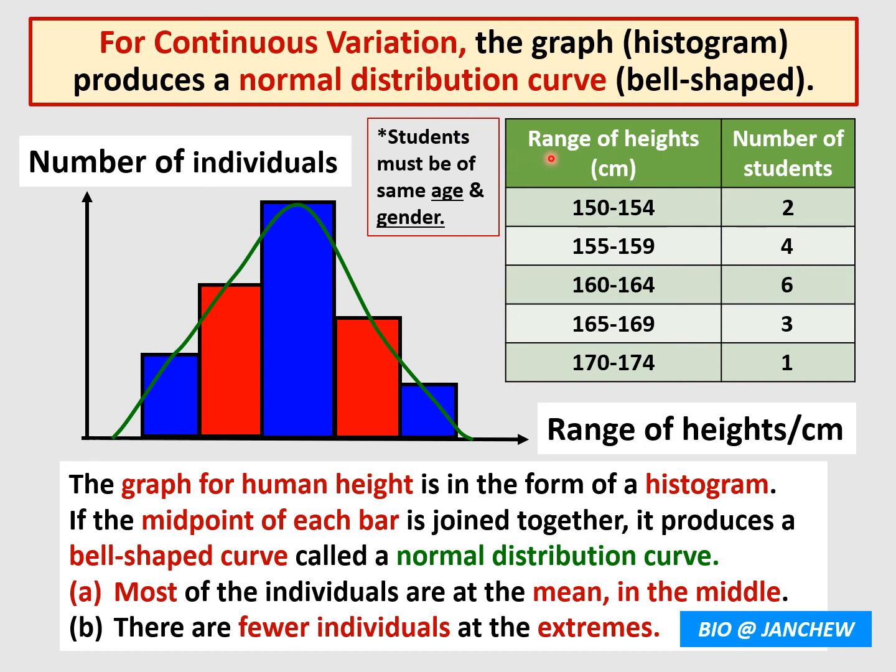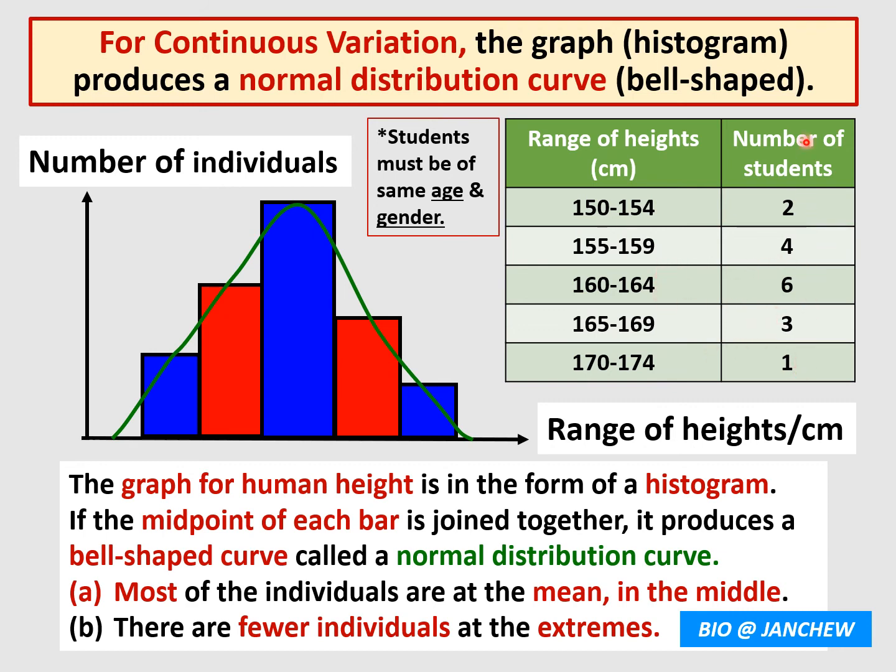First, let's say in the class, the teacher will draw up this table with the range of heights all written down, and then she will ask the students whose height is in the first range, 150 to 154 cm, to put up their hands. She'll count the number of students and write it down. And then for the other values, she will repeat the same procedure to find out the number of students with the different ranges of heights.